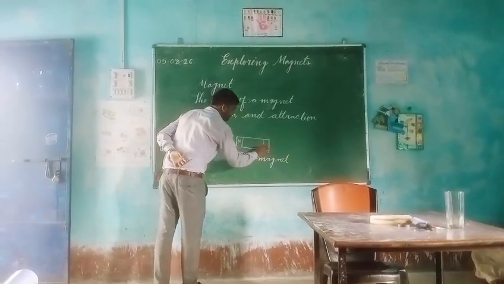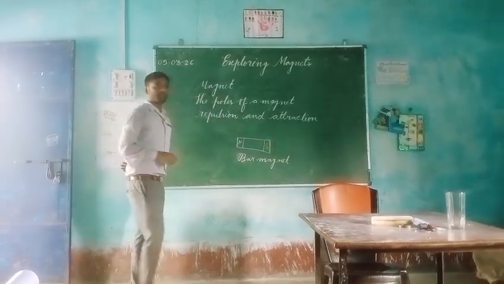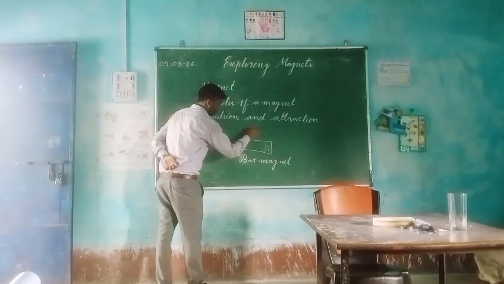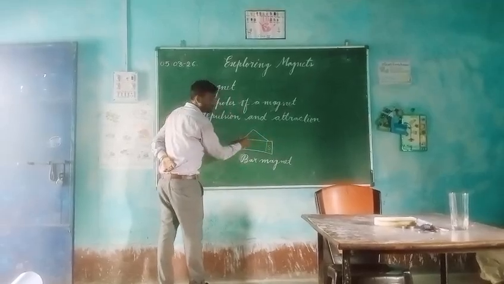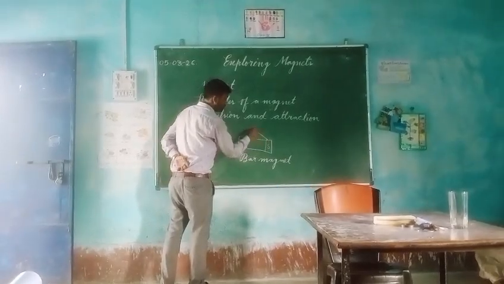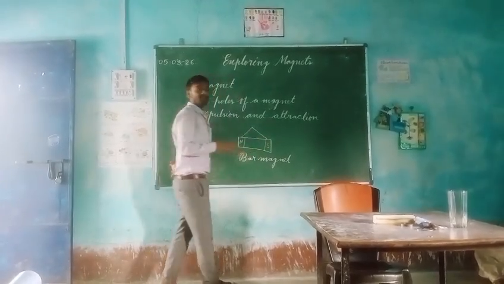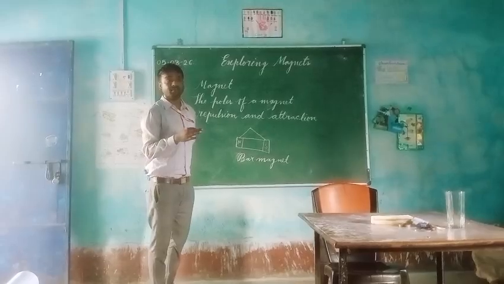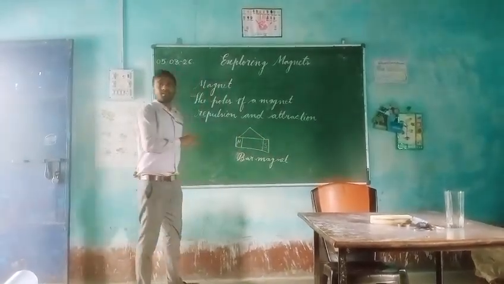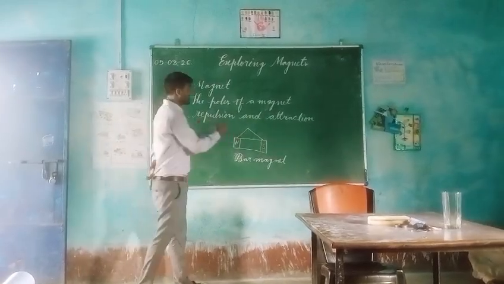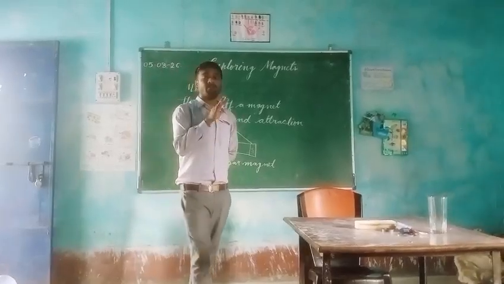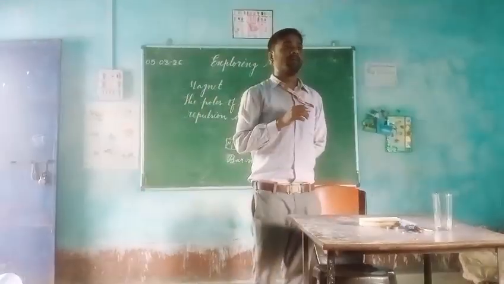These two poles, North pole and south pole. Magnetic field is the strongest at these two poles. Now all of you understood? Yes. Okay.